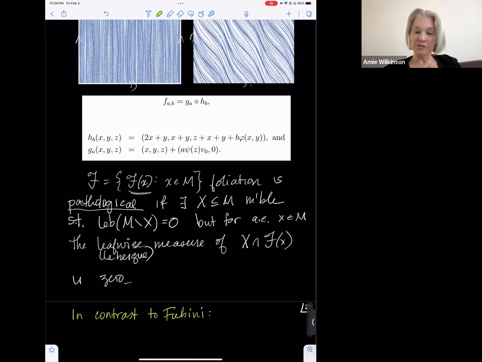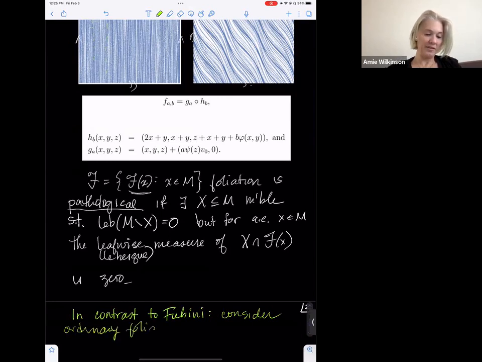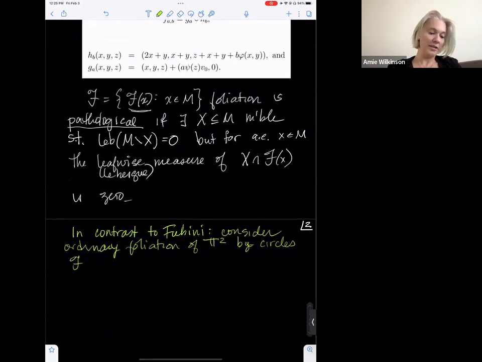Which says that if you consider just the ordinary foliation of T2, the 2-torus, by circles, so in other words, the leaf through a point (x, y) is just {x} cross S1, or the vertical circle.